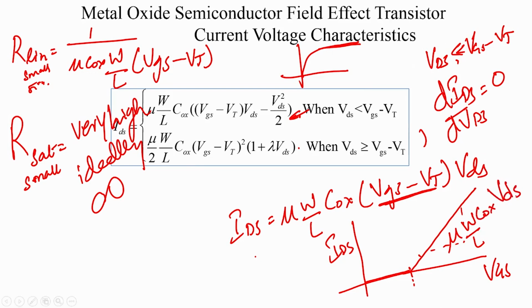That is the slope of the transfer characteristics when the MOSFET is in linear mode operation. And what is the x intercept of this characteristics? It will be Vt. You can work out and see what the x intercept is.